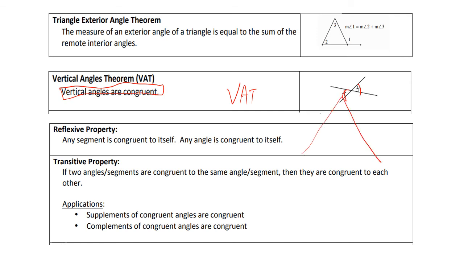Itong gagamitin natin, may given triangle, and then ito AB, and CD. Sasabihin mong side AB is congruent to side AB. By what? Reflexive property. Now, I'm sorry, we will have to skip the following properties, yung iba, kasi na-discuss na natin before. I-focus ko lang kayo dito.